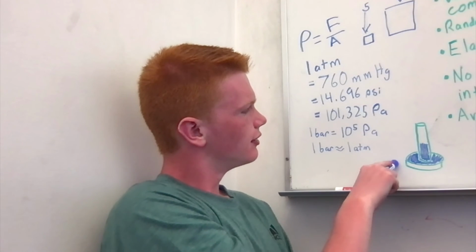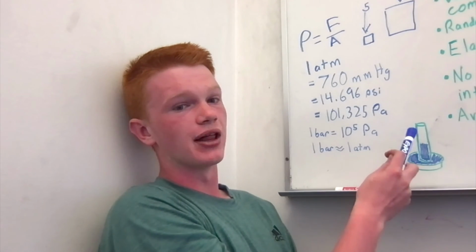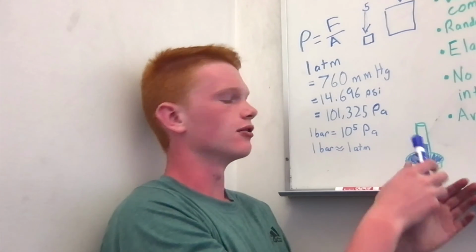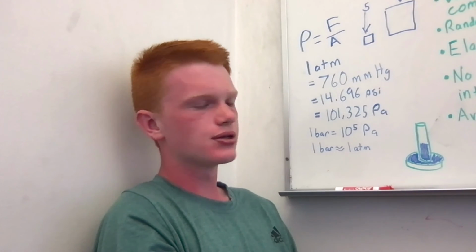But for how they developed the measurement for millimeters of mercury, they got a little dish full of mercury and just put it outside, because mercury is great because it doesn't evaporate or anything like that. It just stays put. It doesn't really move around too much. It's metal, it's pretty dense. So it's very good for this, it's very stable.